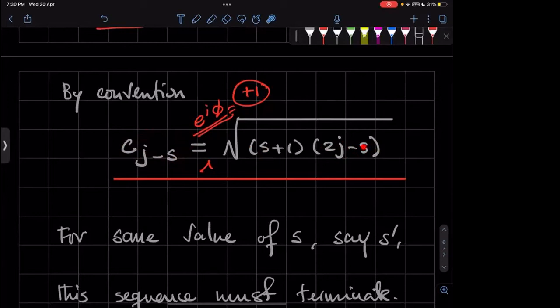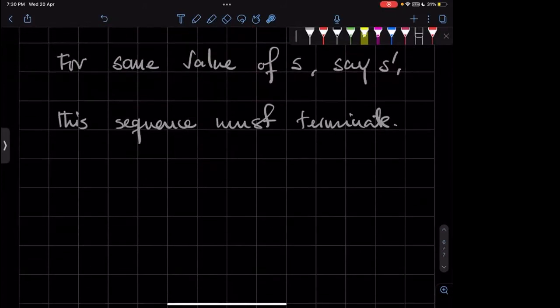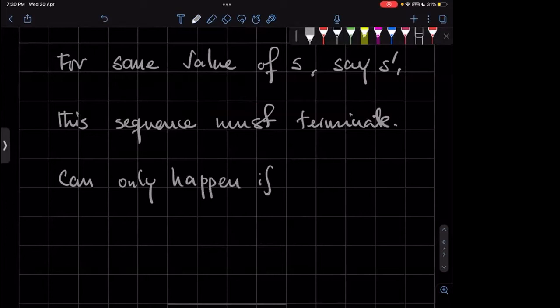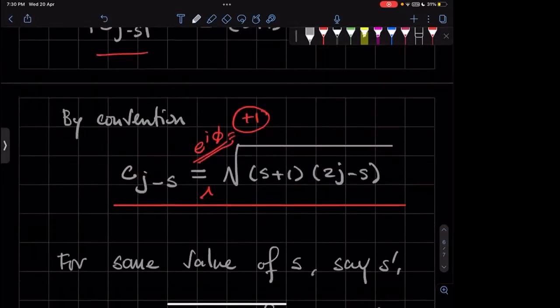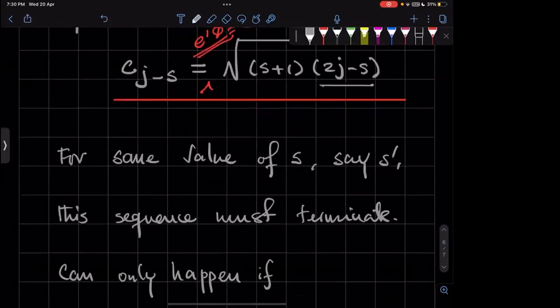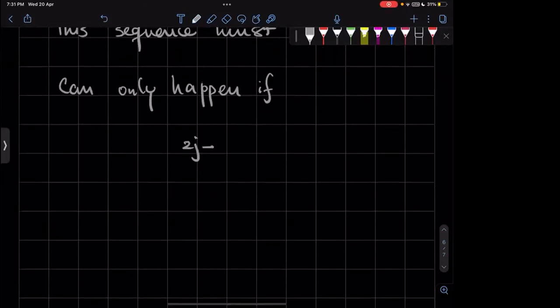Because otherwise it'll just keep lowering. The lowering operator will just keep lowering and generating more and more states. So this can only happen if this factor, which is 2J minus S prime, is the particular value where this happens, becomes 0.